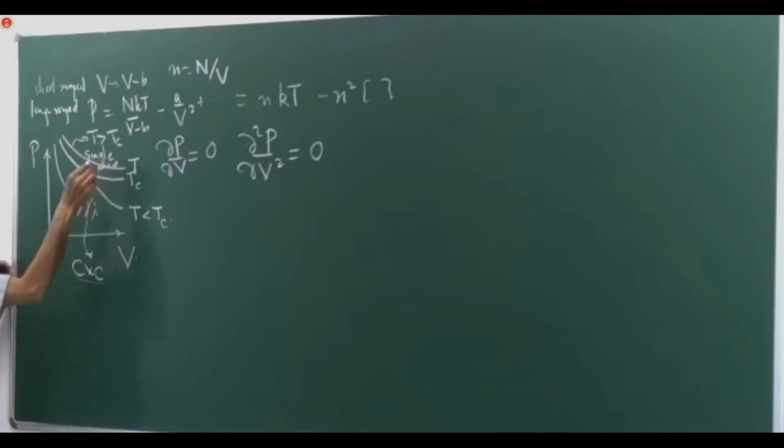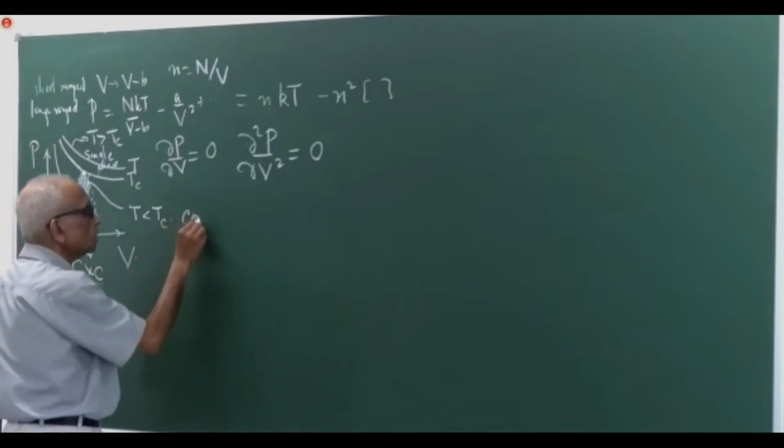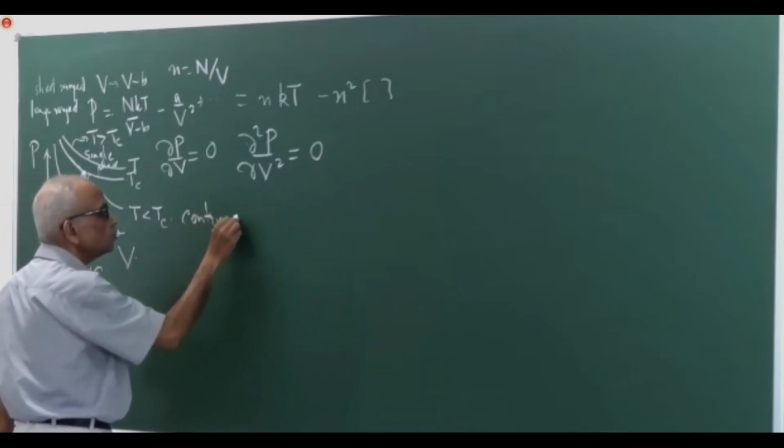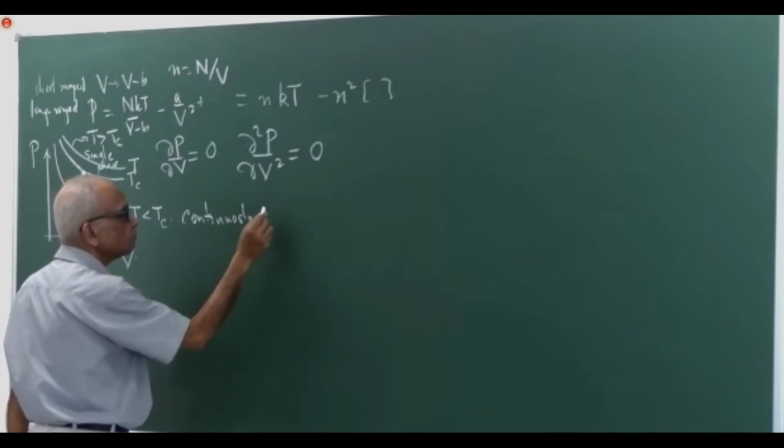No matter how high the pressure, it still remains a gas. And now below Tc, you have a two-phase region. There is this coexisting region over here. So you pass continuously as you vary the temperature.